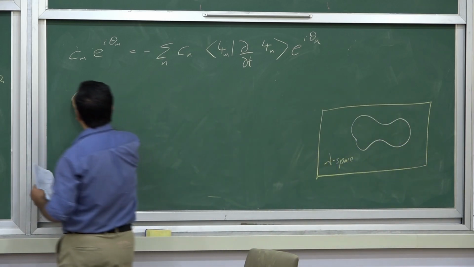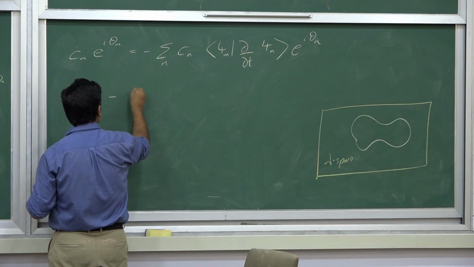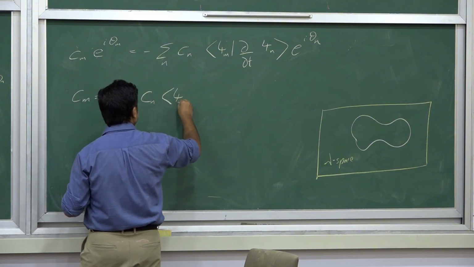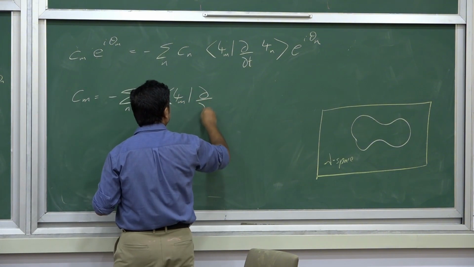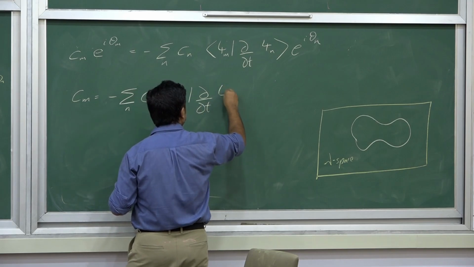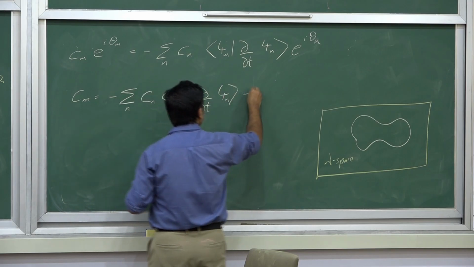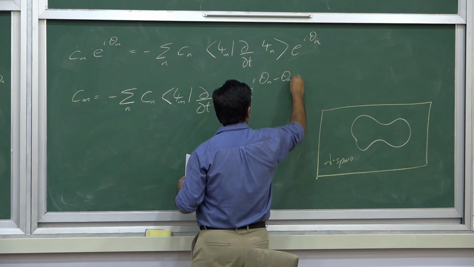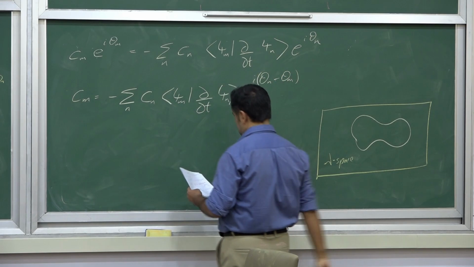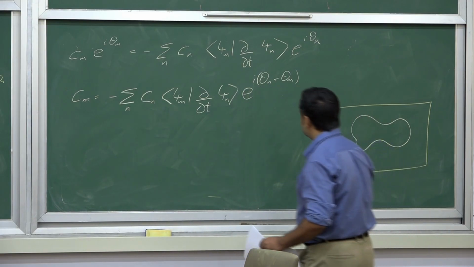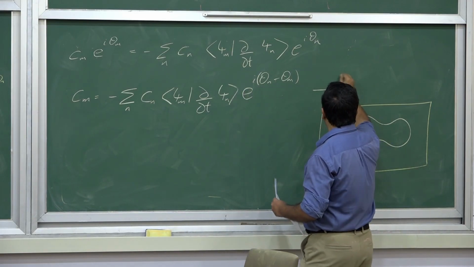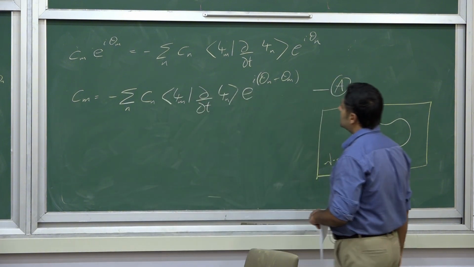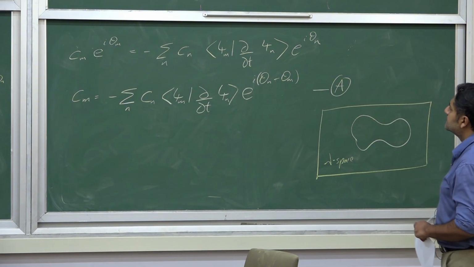So Cm dot is this. Let's call it A, acting on Cm.